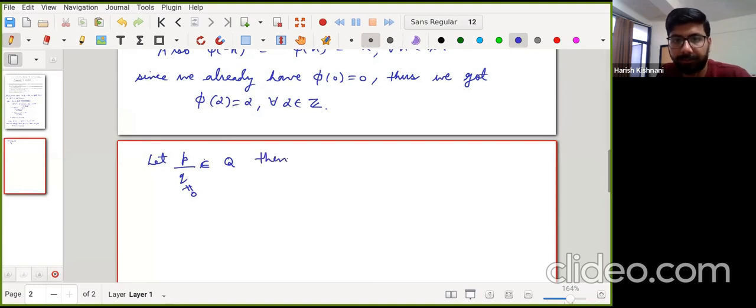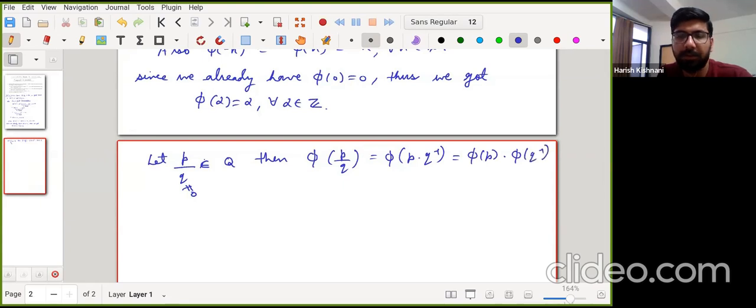Then what is phi of p by q? P by q is p times q inverse, and this is phi of p dot phi of q inverse, which is p dot phi of q whole inverse, and this is p dot q inverse, which is nothing but p by q.